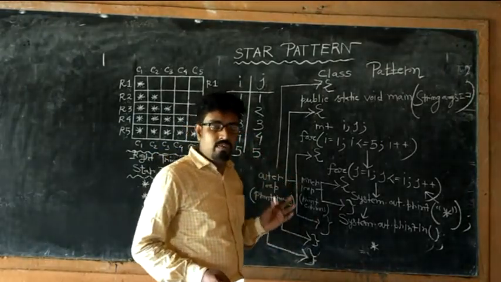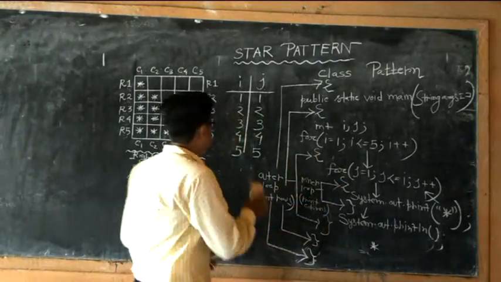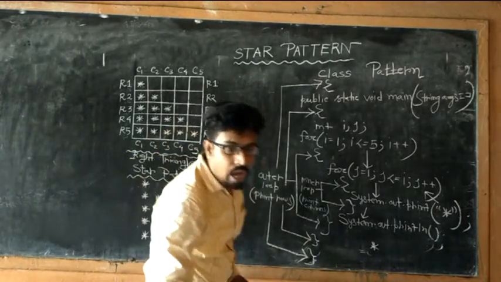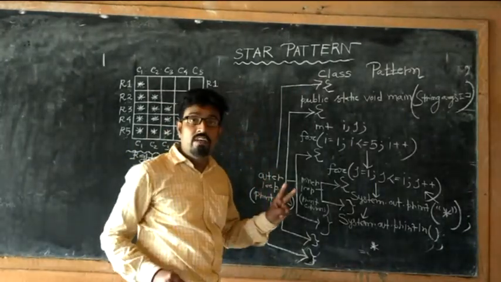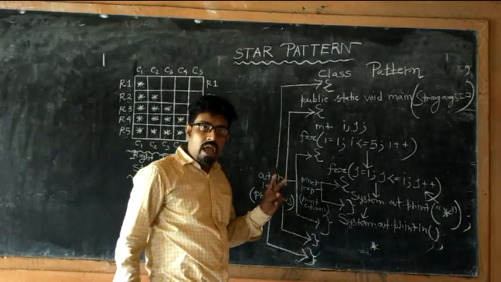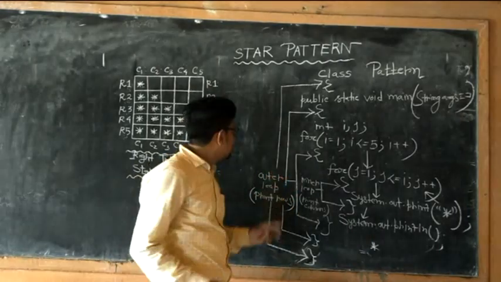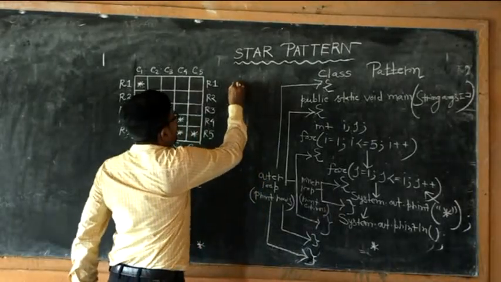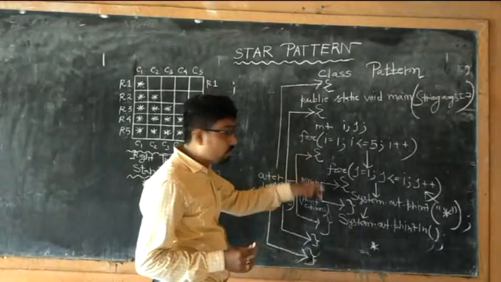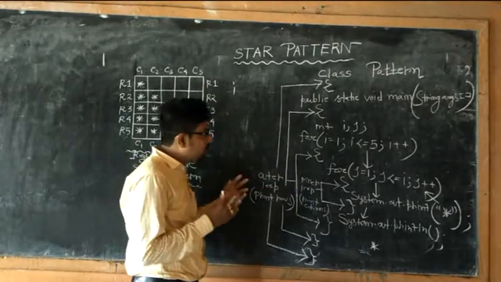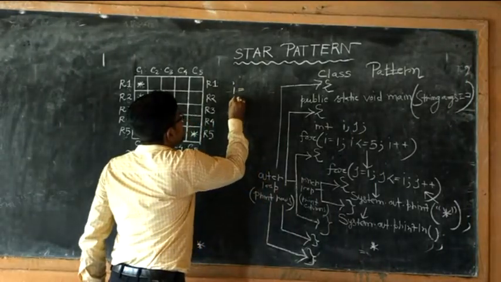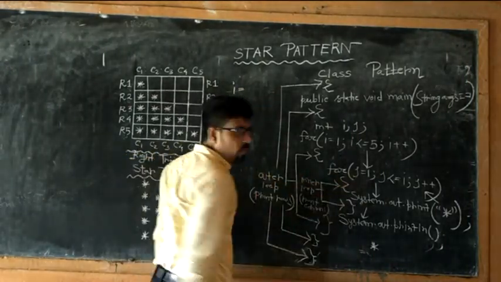Try to understand very carefully, students. Look at my words, students. I have taken two variables, namely i and j, for using the for loop body and printing the star. I use i to print the rows number in the outer for loop. We are using this for loop to print the rows number, and j is the inner for loop.